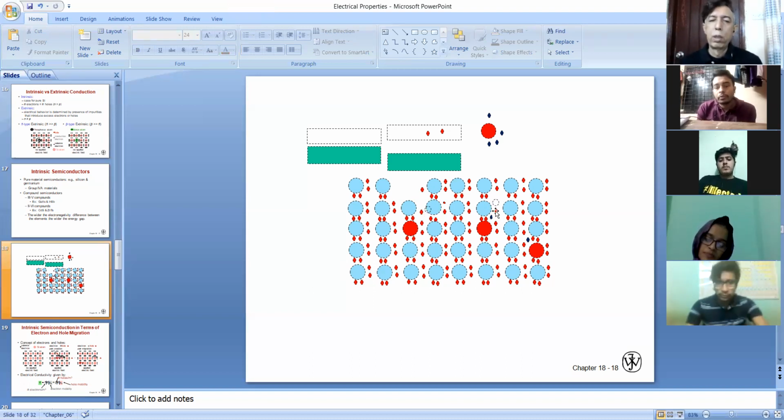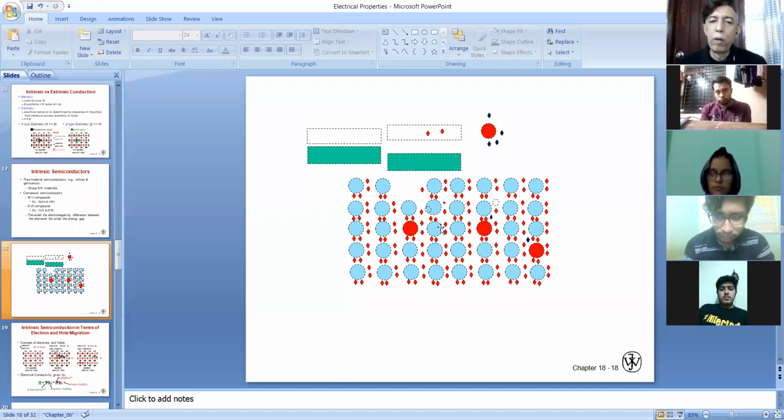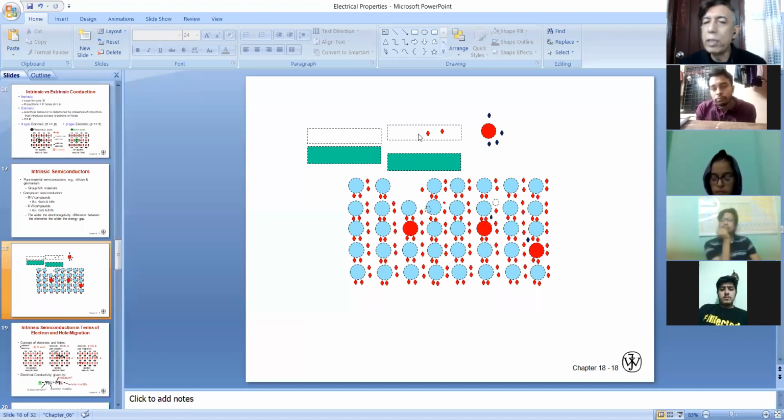Now, what will be the actual transition? You see, from here, one electron transited from valence band to conduction band very easily. From here, one electron transited very easily. From here, this electron transited very easily.